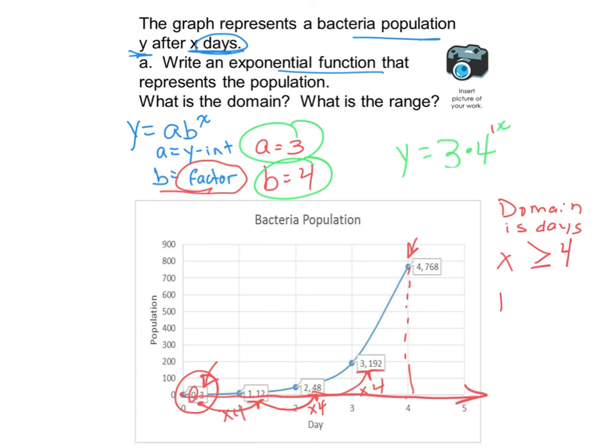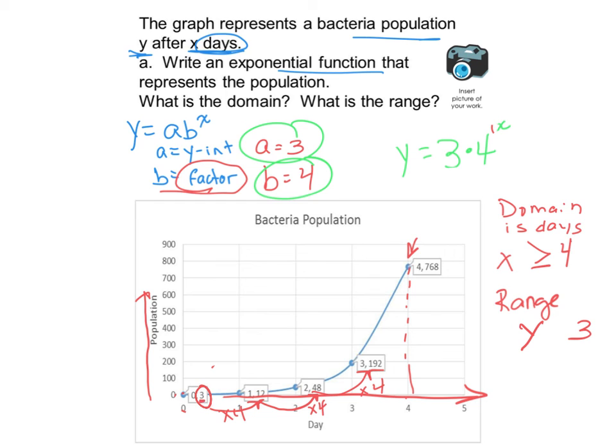That's the domain. Your range is looking up and down, but you cannot have a negative population, so you have to look up. I have a mess here. I can't read this. So the smallest y is this one. So your range has to be y compared to 3.